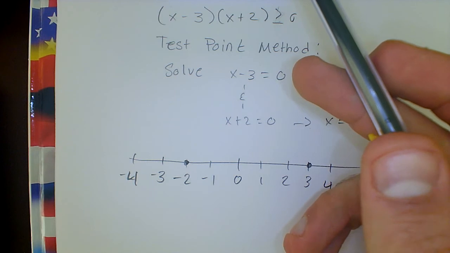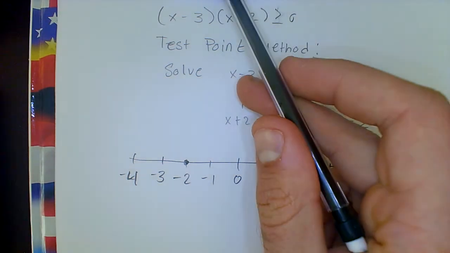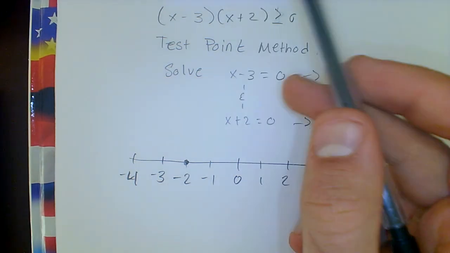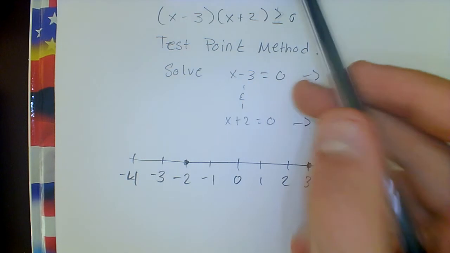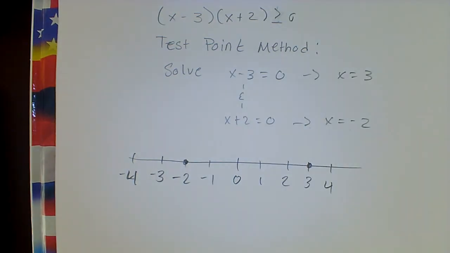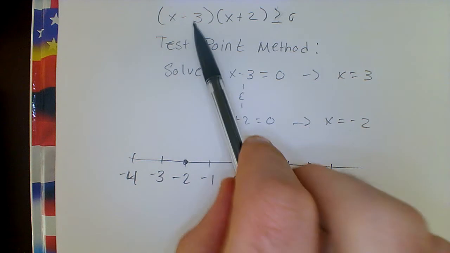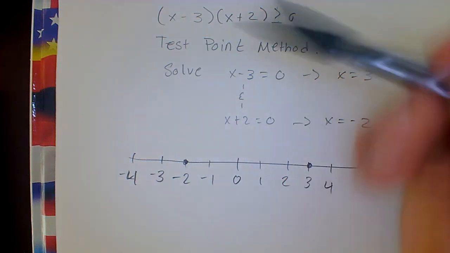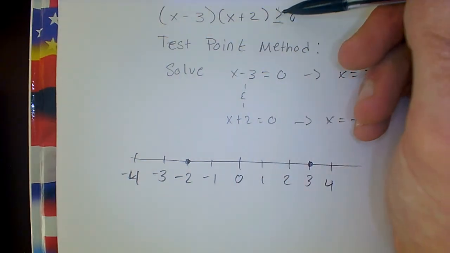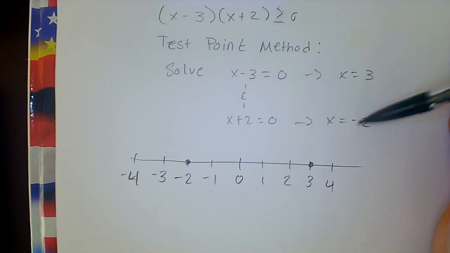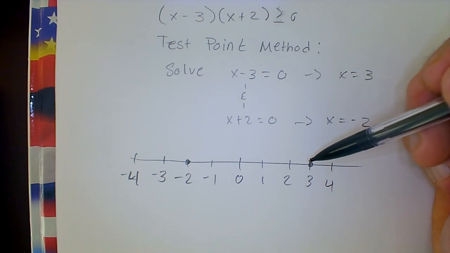If I put 0 in here, you get 0 is greater than or equal to 6. So that's not quite right, but it's just where you treat this as an equality. You put an equal sign here, and then you solve for these 2 zeros to find these 2 points.